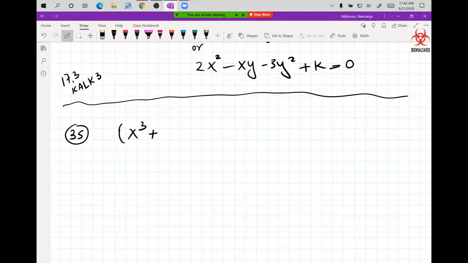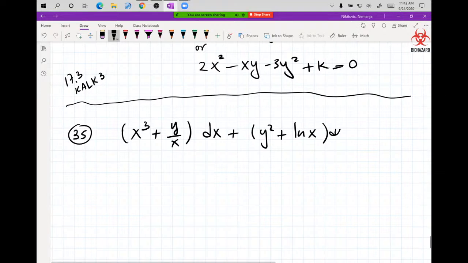So, 35, we have x cubed plus y over x dx plus y squared plus ln x dy equal to 0.